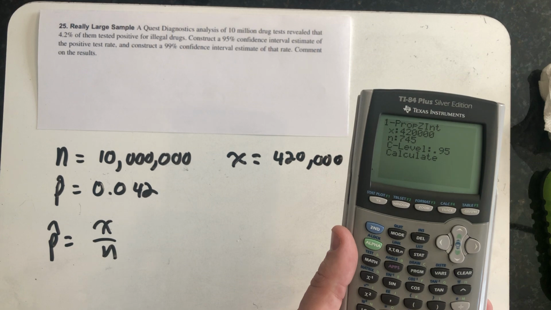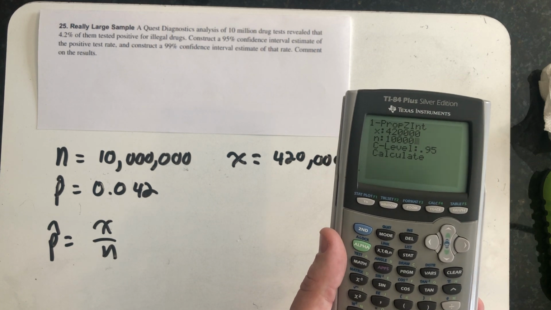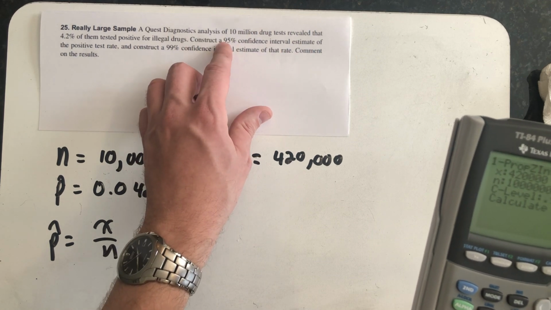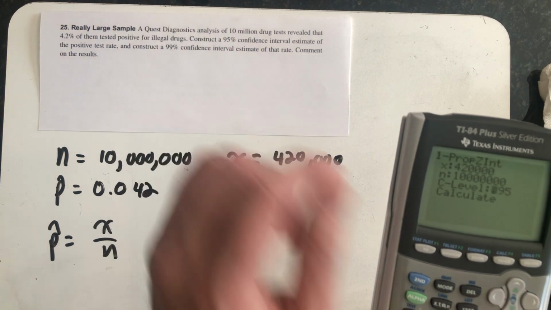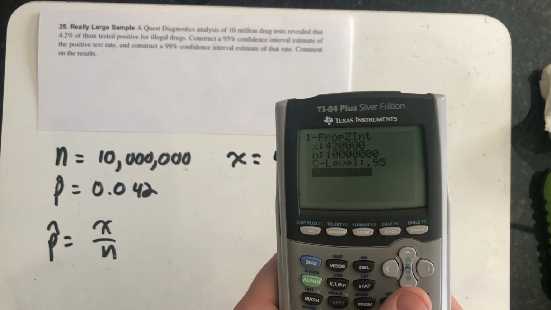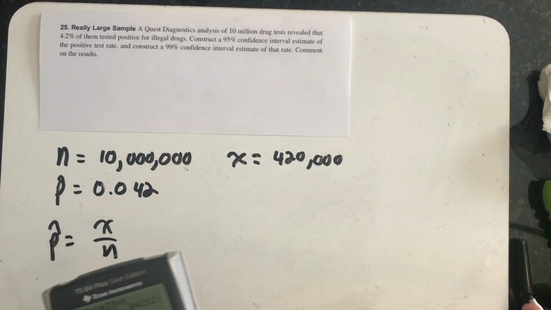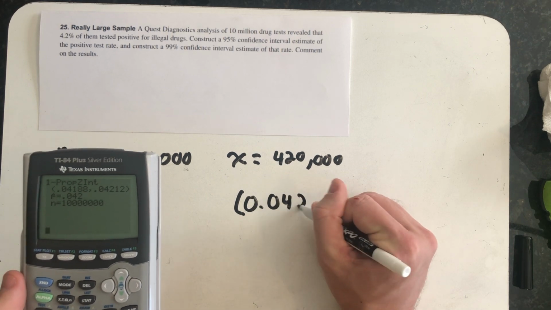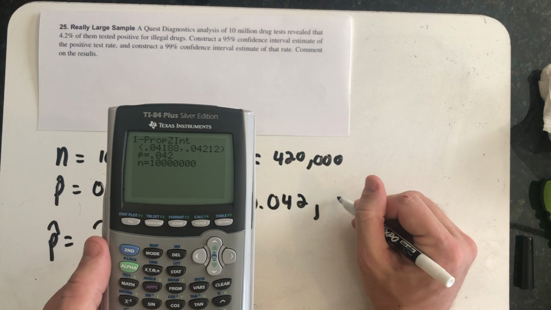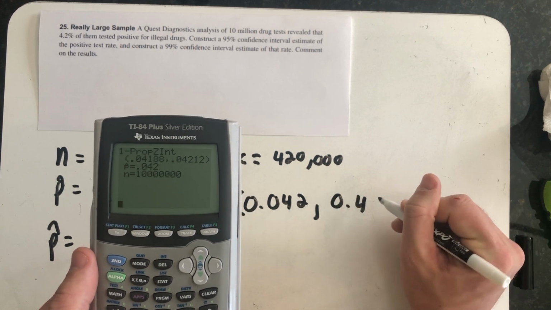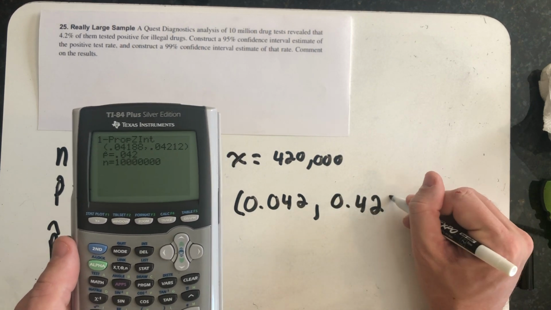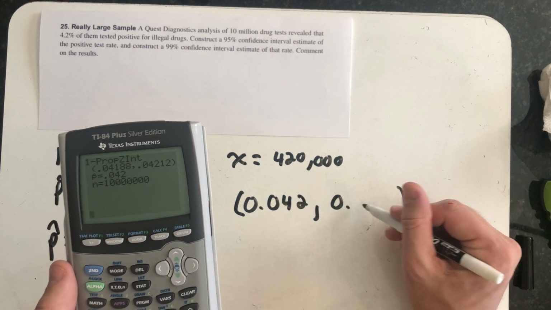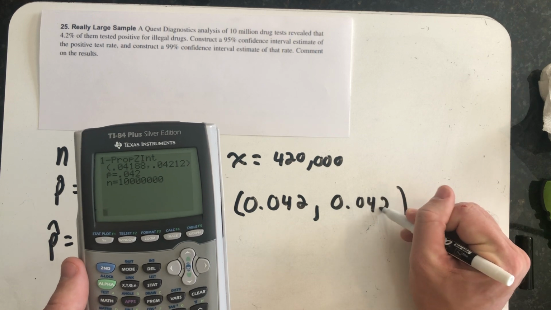I need to type in the sample size of 10 million. And then we're going to do two different confidence levels, 95% and 99%. So I'm going to start here with the 95% level and go to calculate. The graphing calculator always gives us a confidence interval in this particular format, as an interval. And I'm going to round to three significant figures, badly apparently. Let's do that correctly. 0.042.